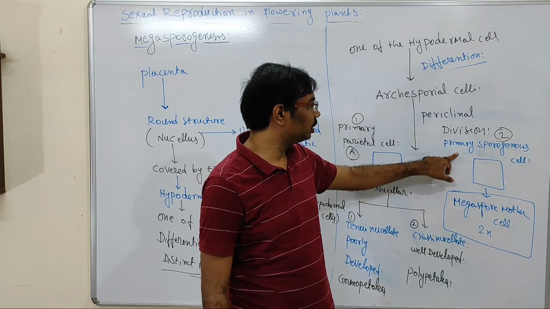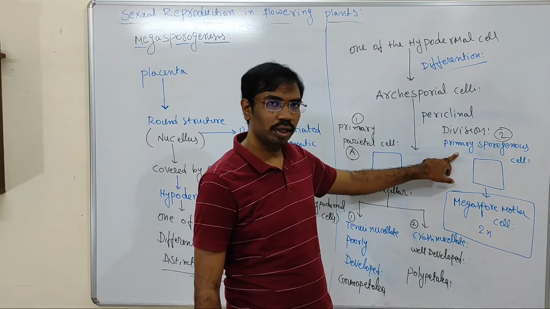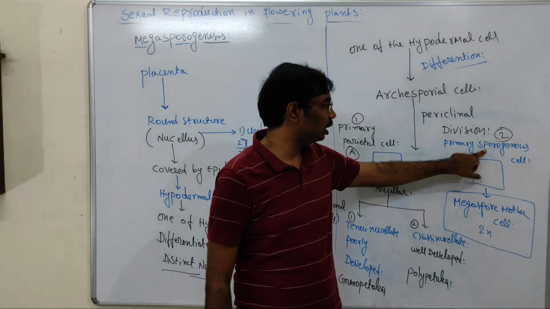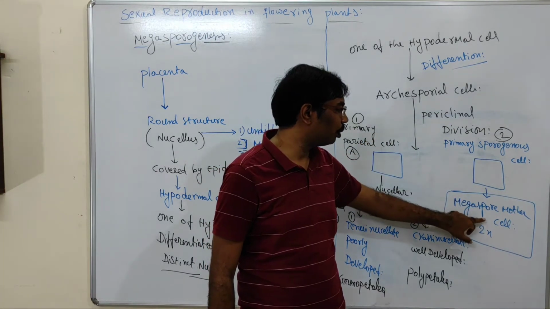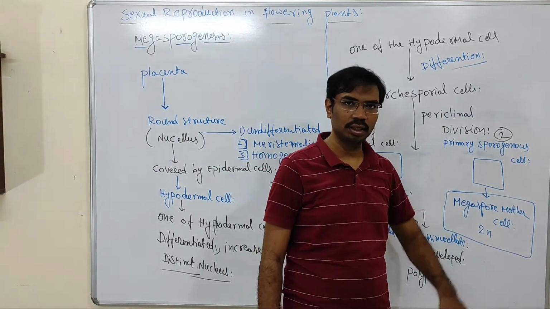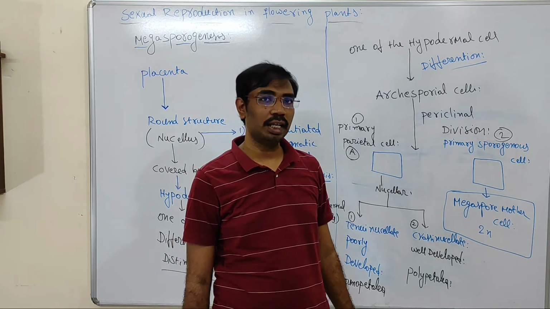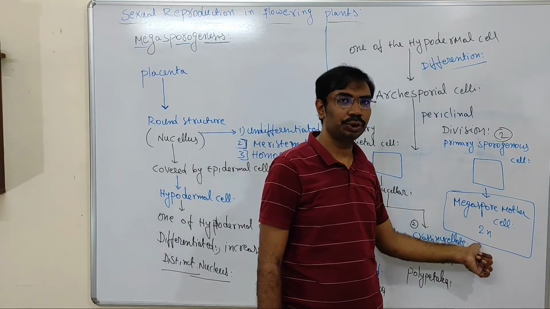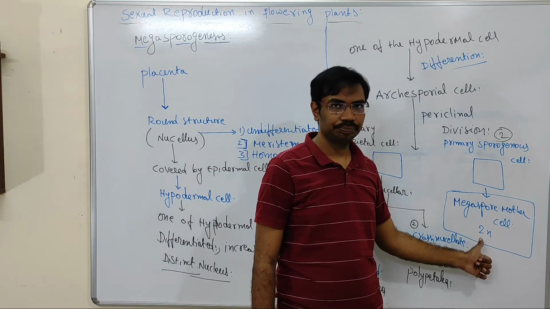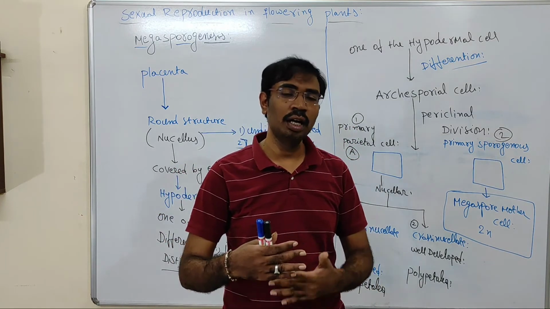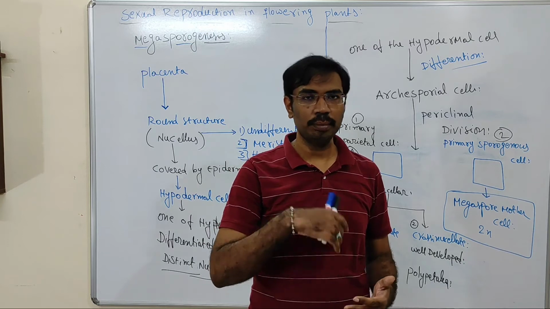The primary sporogenous cell is responsible for the formation of the megaspore mother cell. What is the ploidy of the megaspore mother cell? The ploidy is 2n. The megaspore mother cell undergoes meiosis and leads to the formation of megaspores.